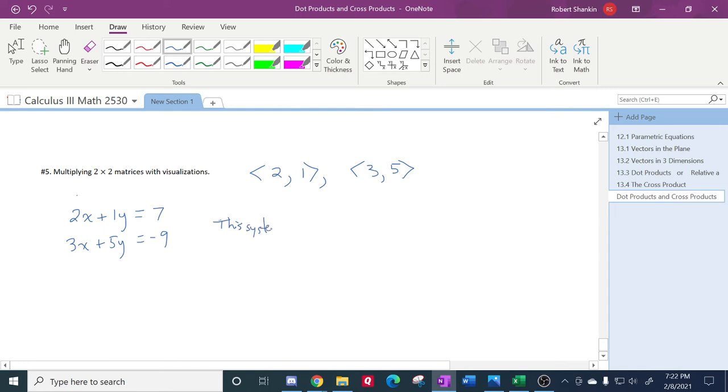This system of equations has a single solution only if these two components, 2 and 1, which is this vector, and 3 and 5, only if those things are not parallel.